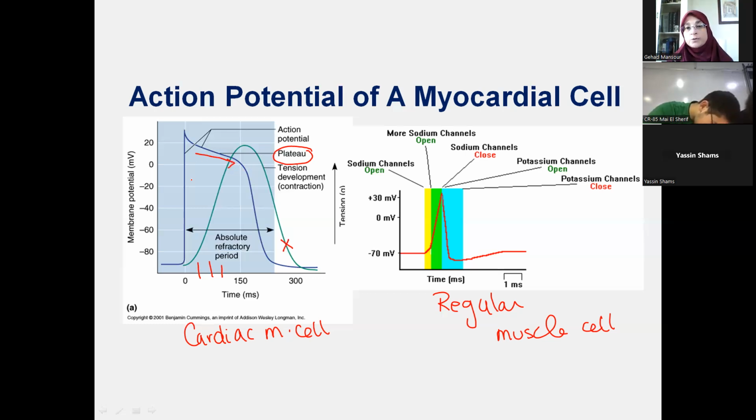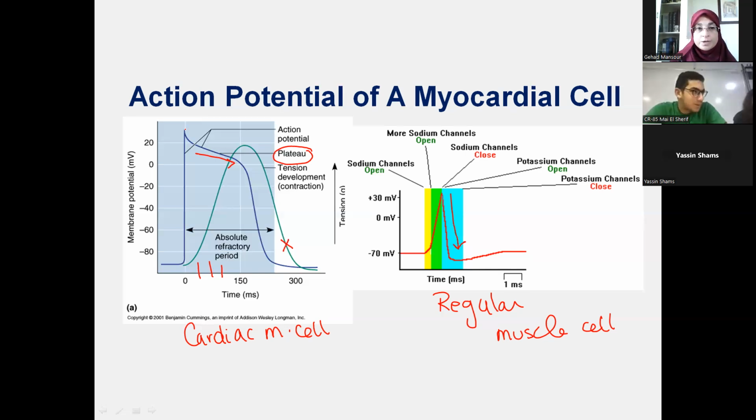This means what? This means that the process, which process, Amr, do you think is slower in the cardiac muscle than in the regular muscles? Depolarization or repolarization? Repolarization. Of course, repolarization, because it is that descending part that is slower.